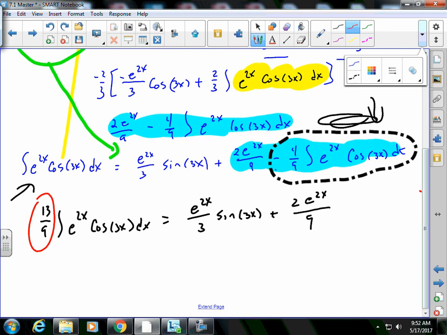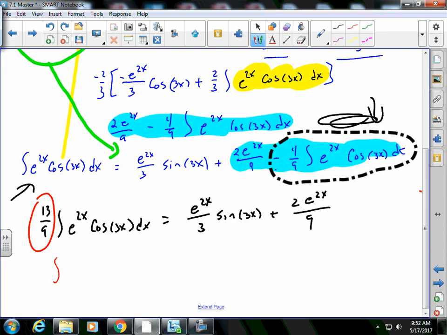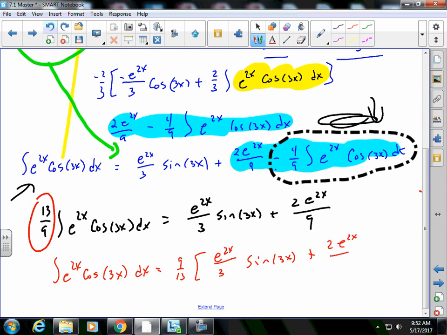And when I do that, the integration of e to the 2x cosine 3x dx is equal to 9 over 13 times e to the 2x over 3 sine 3x plus 2e to the 2x over 9.